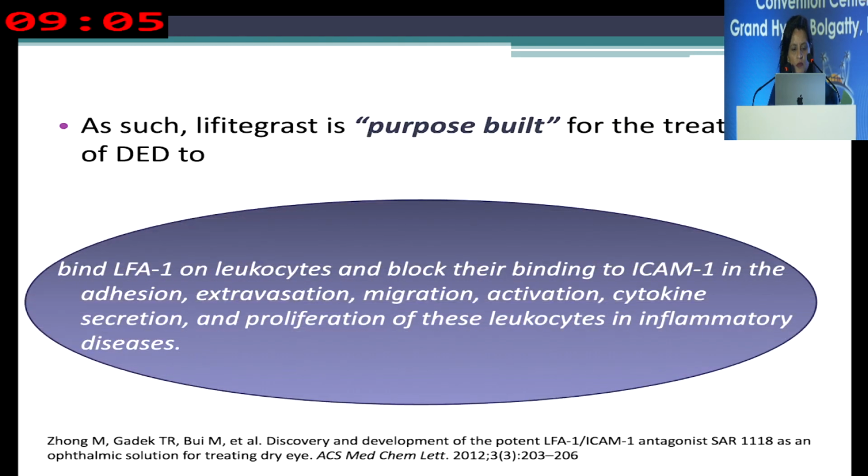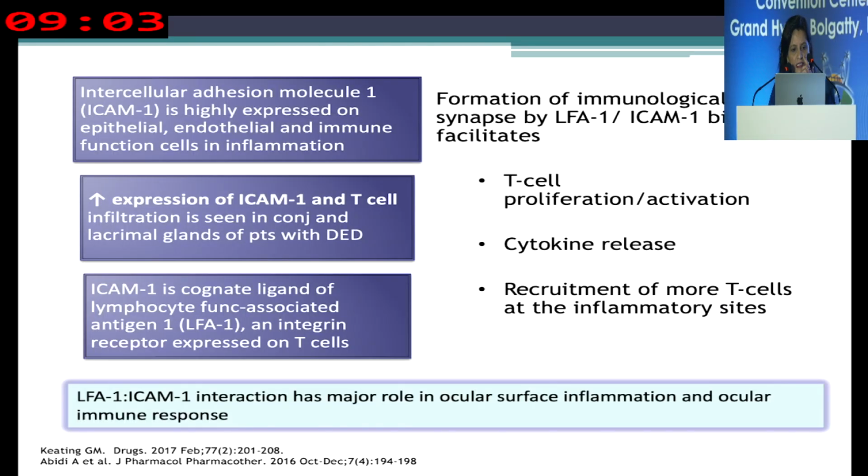Now, it has a mechanism of action, and that is basically there is intercellular adhesion molecule which is present in the epithelial, endothelial, and the immune function cells in the inflammation. An increased expression of ICAM1 and T cell infiltration is seen in conjunctiva and lacrimal gland of the patients with dry eye disease.